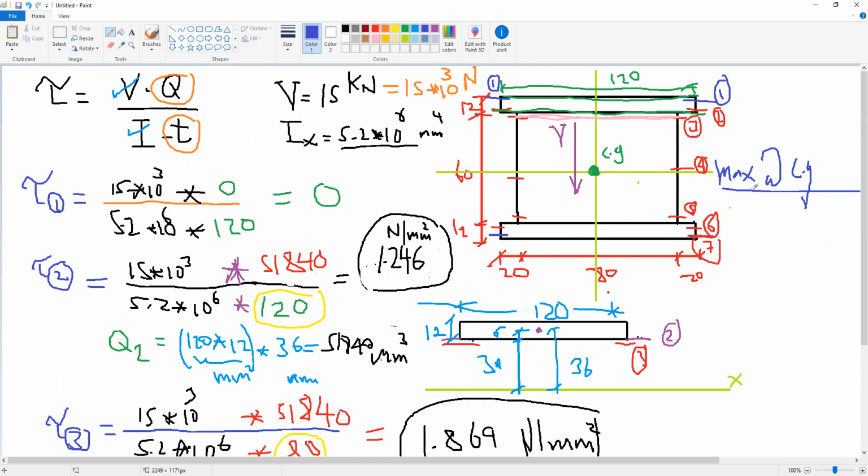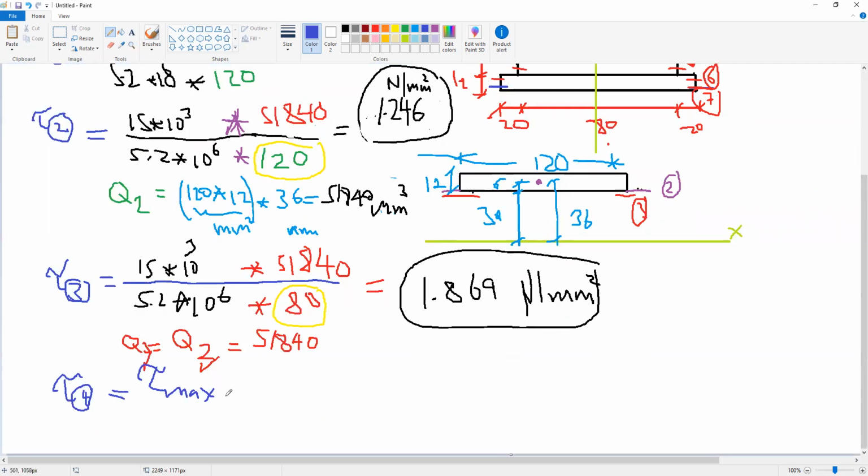Why is the maximum stress at CG? If you have a look at the equation again, we have V times Q divided by I multiplied by T. For any section, V and I are constant, as we mentioned.